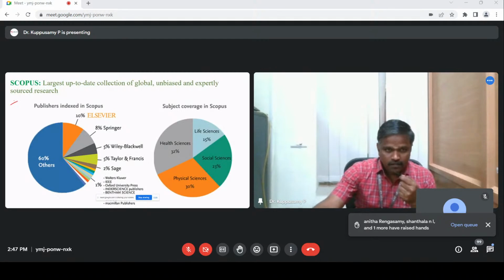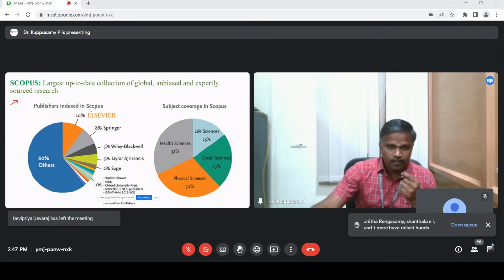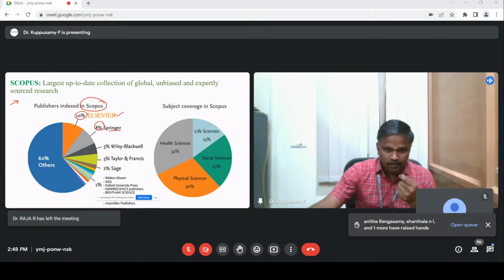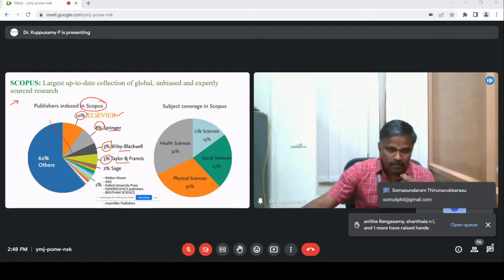This slide gives you how many articles are published by each brand. In Scopus, Elsevier has 10 percent out of 100, the Springer brand is 8%, Wiley has 5%, and Taylor and Francis has 5%.